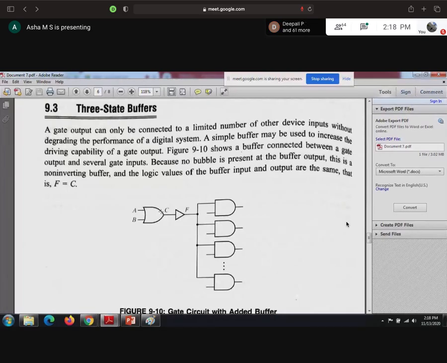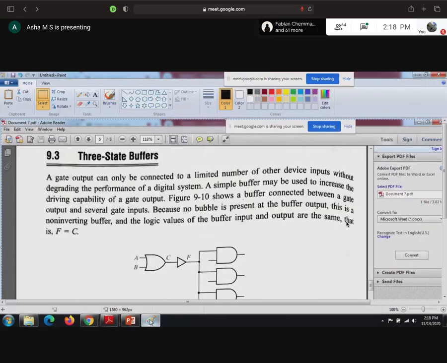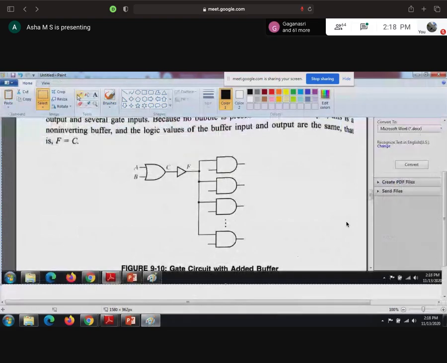Here you have one OR gate. For this OR gate, A and B are the input symbols, C is the output symbol.